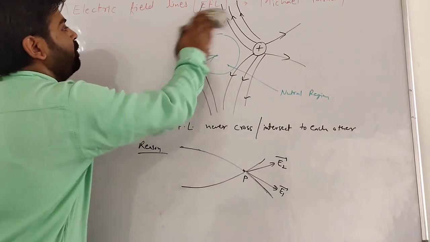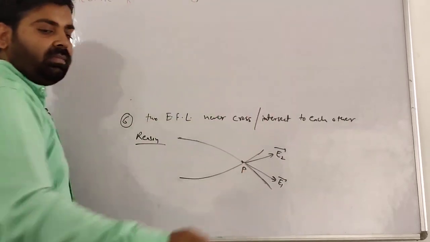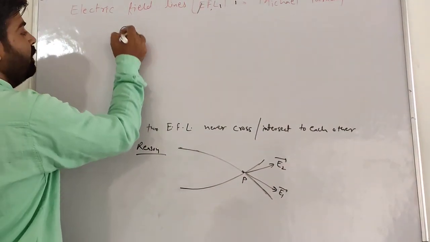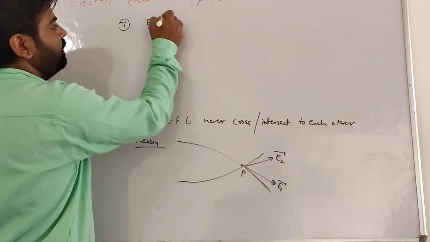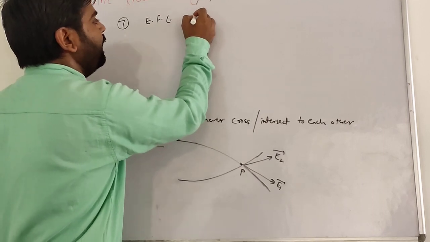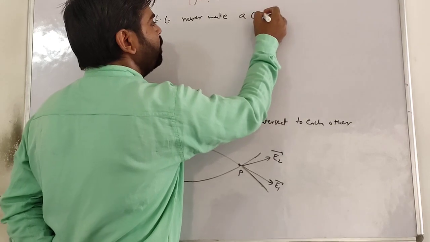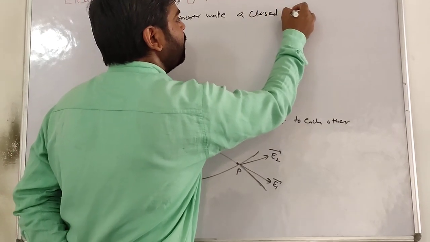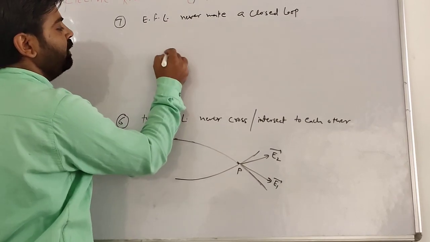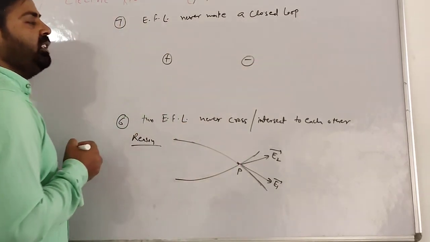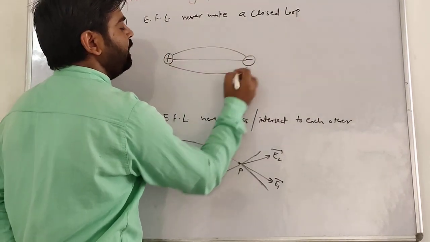Next property, seventh property, which is that electric field lines never make a closed loop. As we saw in the earlier example, we put two opposite charges very close to each other and draw electric field lines.